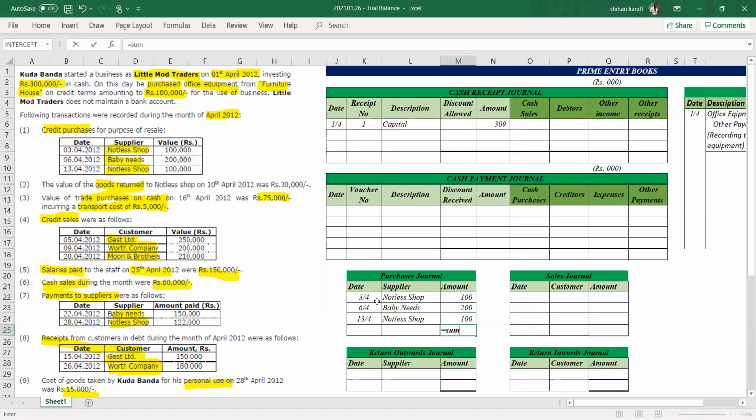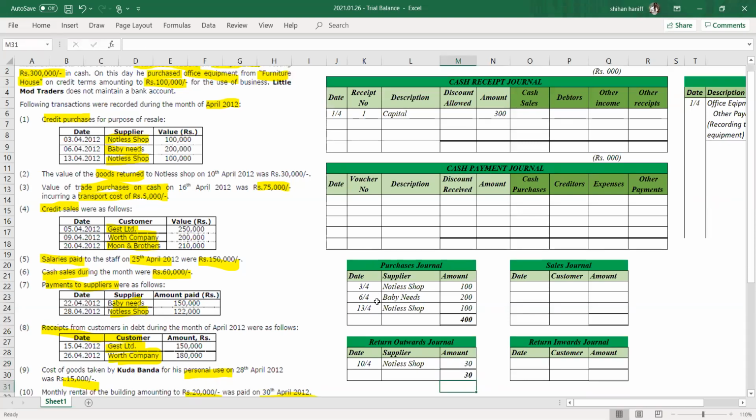Then you calculate the total, 400,000. Then there is a return. The value of the goods returned to Nautilus Shop on 10th of April. It's a return outwards, 30,000. So the closing balance is 30,000.